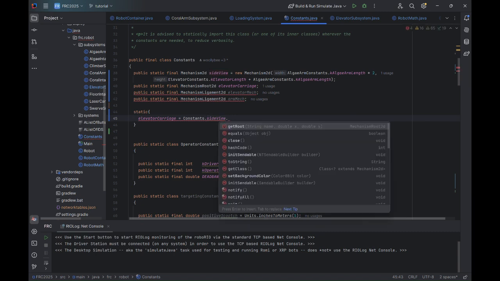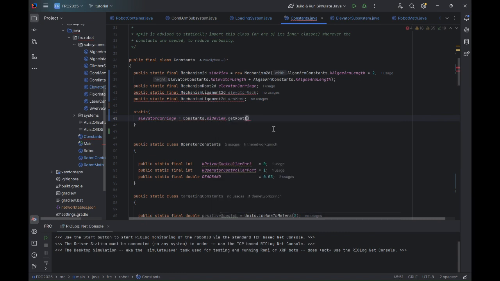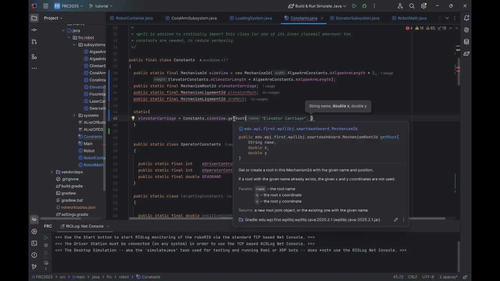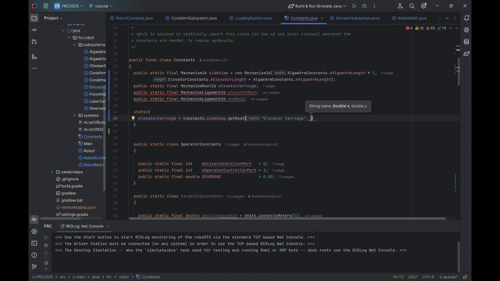Yeah. So first we get the root, and we call it elevator carriage. And the x and y is the coordinate.